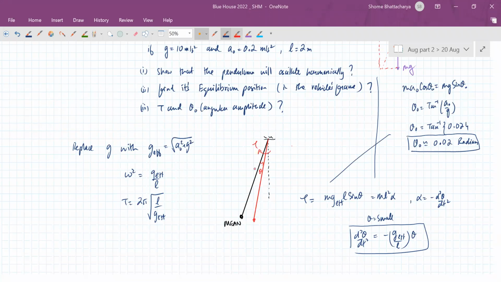In this diagram, you are at an angular position with respect to the mean position. It's going to oscillate like this about the mean position, at theta with respect to this. What we are doing here is taking the vector sum of the true weight and the pseudo force as your effective weight.